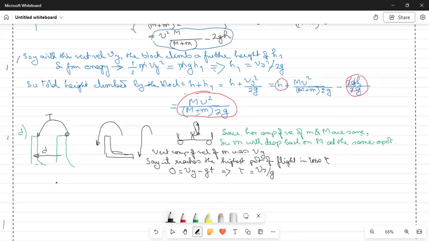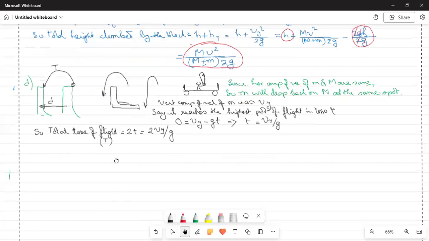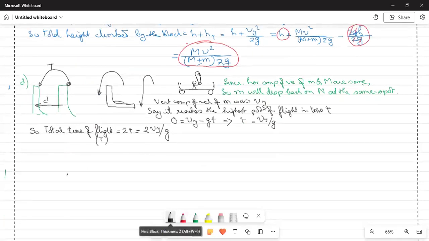So the total time of flight is 2t, which is equal to 2 vy by g. Let us give it a name, capital T, because then we shall have some comfort in writing.